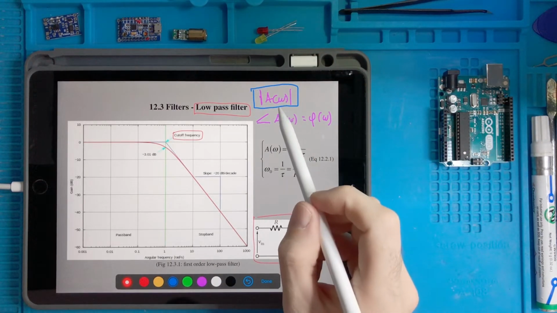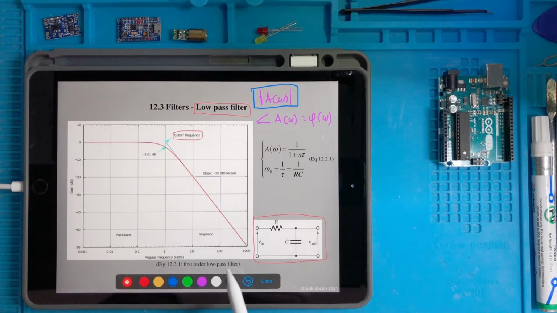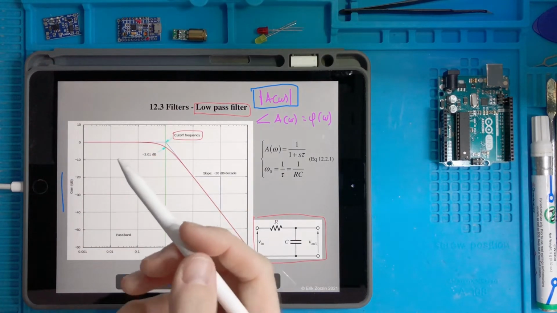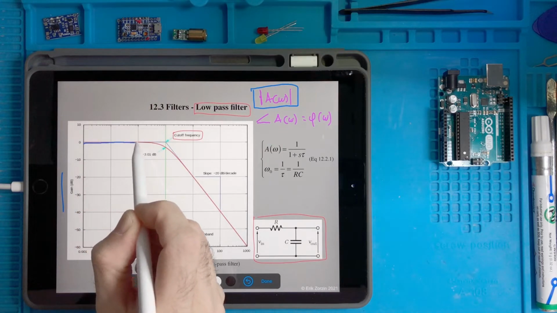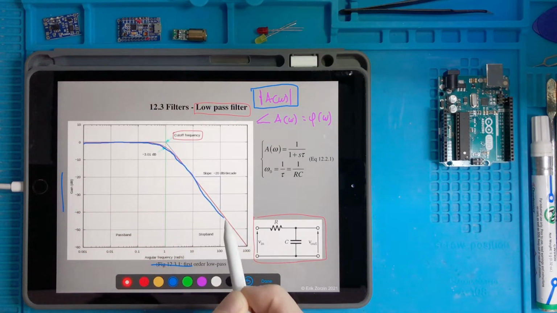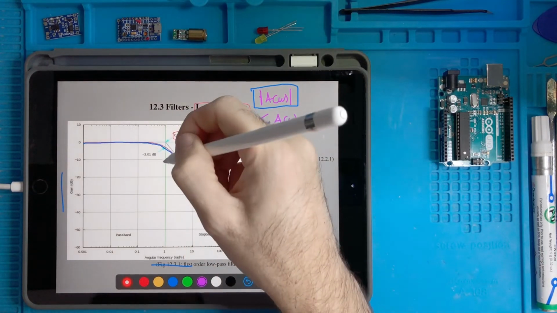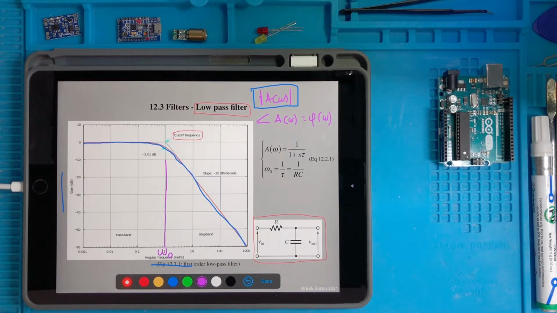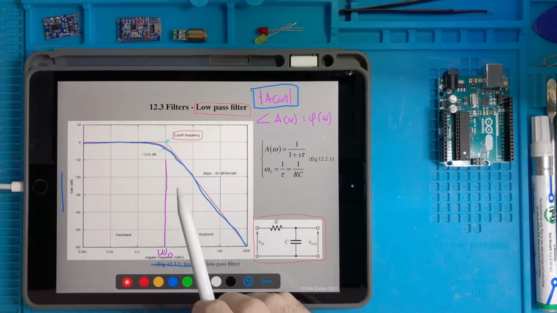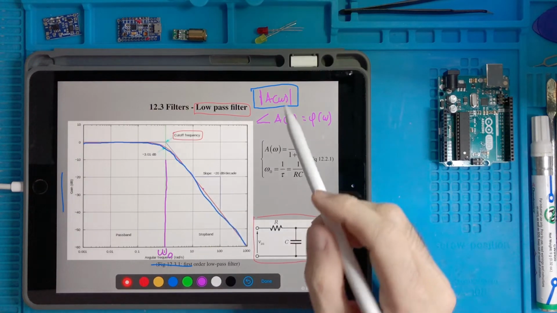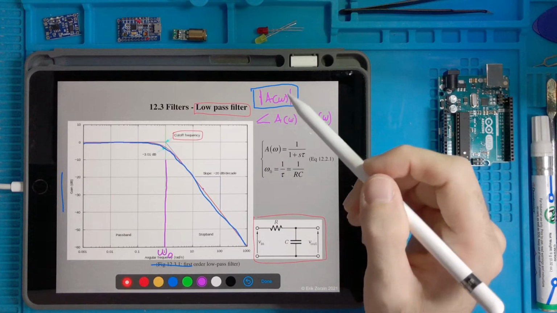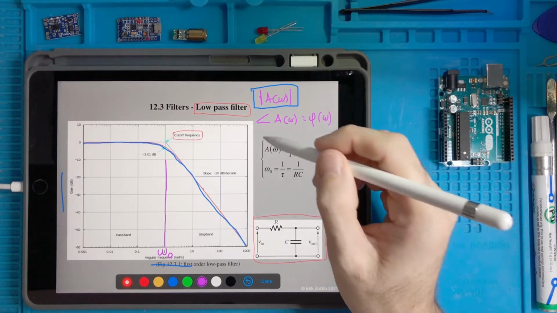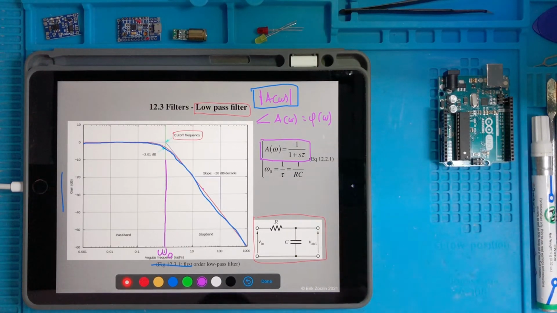So if we plot the magnitude of this function in a logarithmic scale, then it's like this. It's flat, and then there is a turning point around this omega 0 cutoff frequency, after which the magnitude of this guy starts getting smaller and smaller. So this result just comes from studying the magnitude of this function.